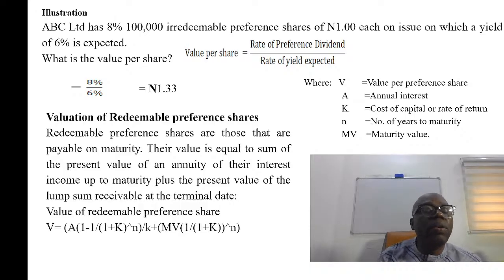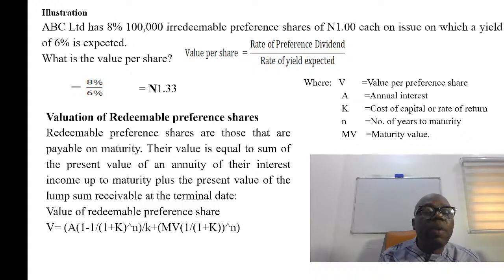Then we look at the value of redeemable preference shares. These are preference shares that you can redeem in the future, and it has maturity date. Redeemable preference shares are those that are payable on maturity. Their value is equal to sum of the present value of an annuity of their interest income up to the maturity plus the present value of the lump sum receivable at the terminal date.